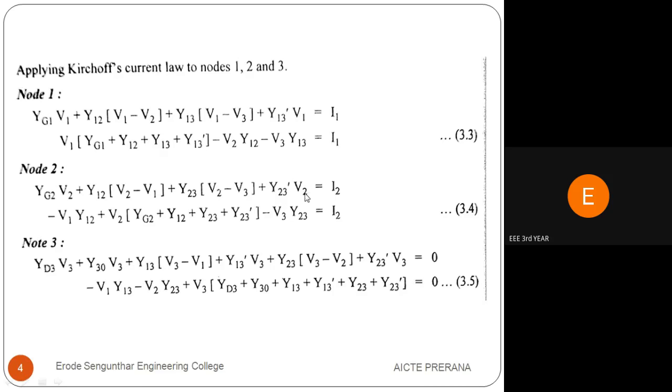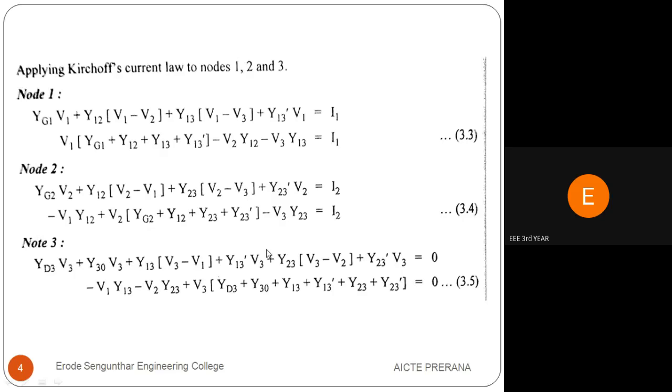Again we rearrange this equation in terms of V1, V2 and V3. We get minus V1 Y12 plus V2 into (YG2 plus Y12 plus Y23 plus Y23 dash) minus V3 into Y23 is equal to I2. This I have considered as equation number 4.